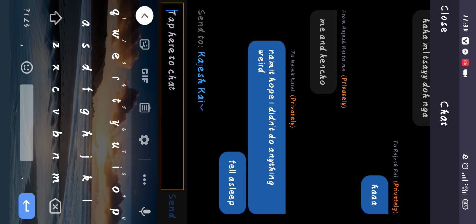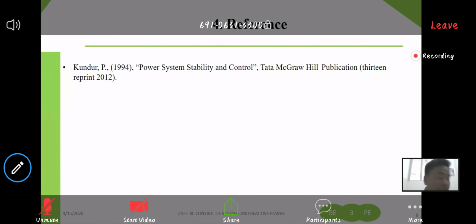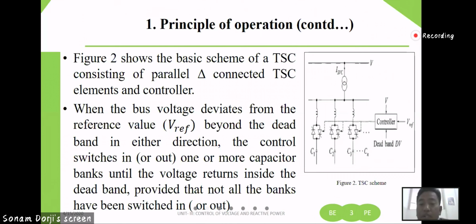Now, we never know when the voltage will be low or when the voltage drop will be more, when we require a TCR and when we require a TSC. Where you want to employ them is a question mark.